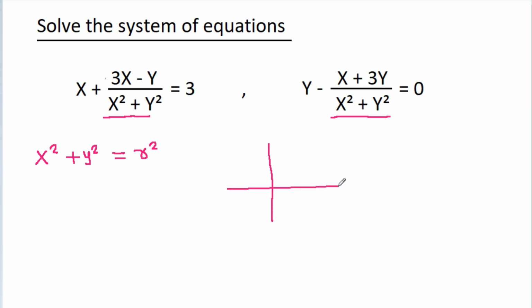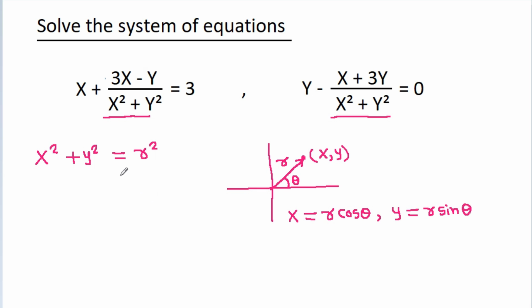That means if this point is x, y, then this distance is r, and if this angle is theta, then x will be equal to r cos theta and y will be equal to r sin theta.